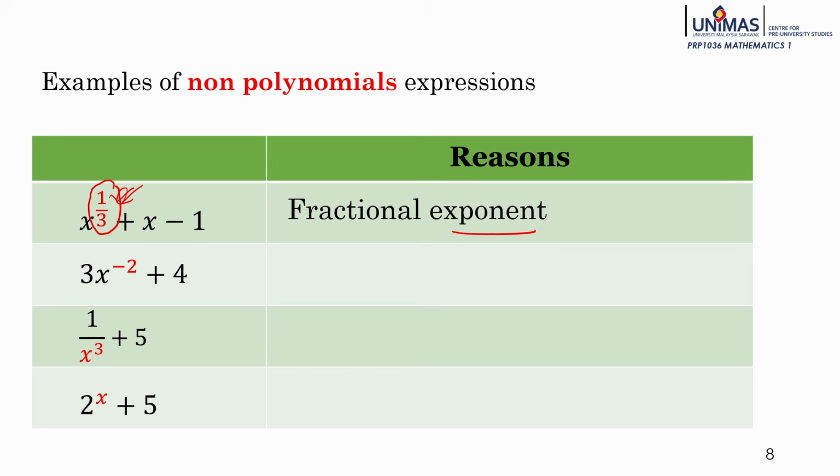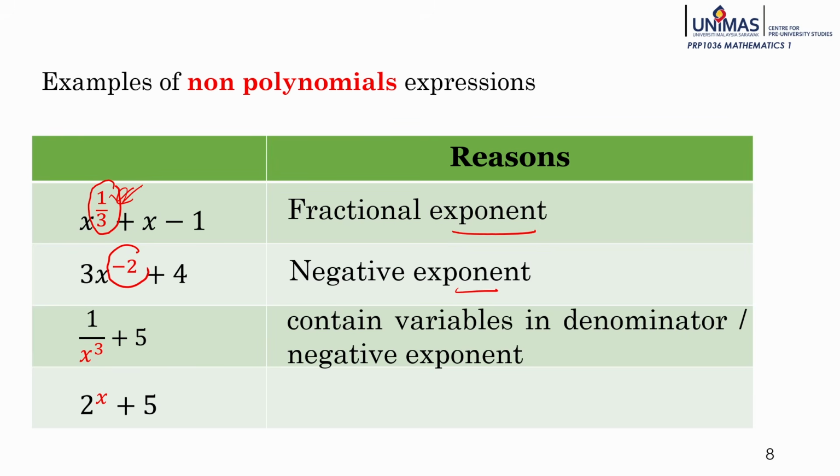Okay, the second one, 3x to the power of negative 2 plus 4. Here the exponent is negative, so it cannot be a polynomial because it's a negative exponent. And then this one, 1 over x to the power of 3 plus 5. Here it contains a variable in the denominator, or we can also say it's a negative exponent, because 1 over x cubed we can change into x to the power of negative 3.